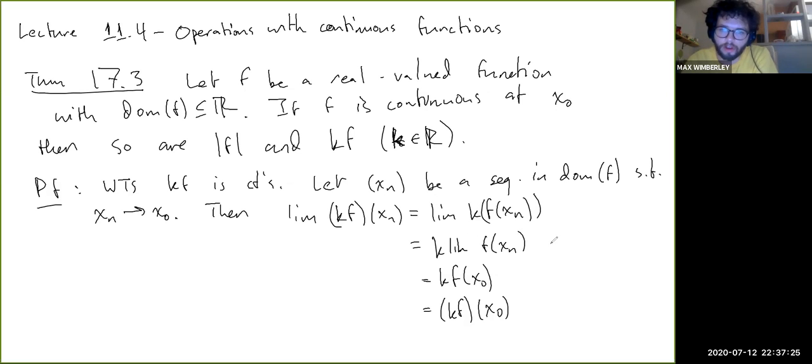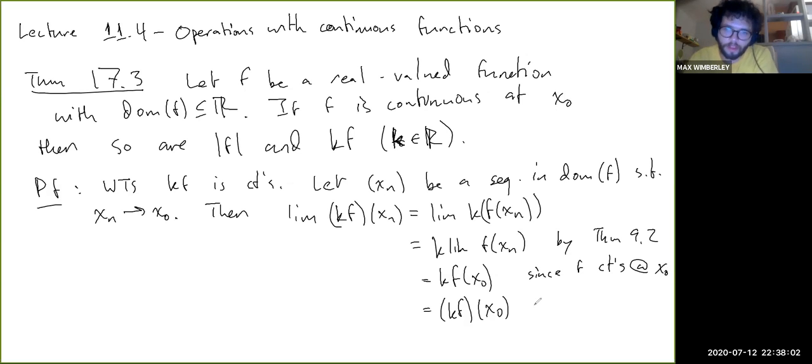And then we know this is by theorem 9.2. We proved early on that for sequences, you can multiply a sequence by a constant, and if the sequence converges, that just multiplies the limit by that same constant. Then we can take the limit of f of xn, since we assumed f is continuous at x naught.